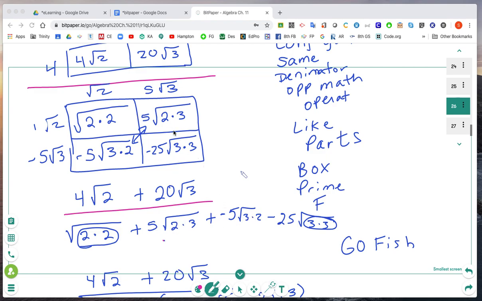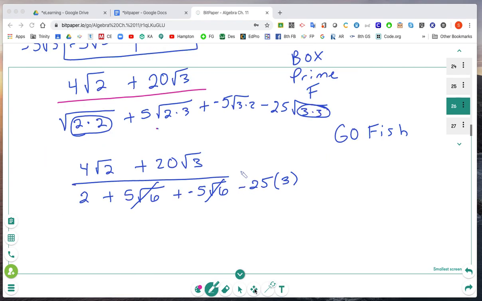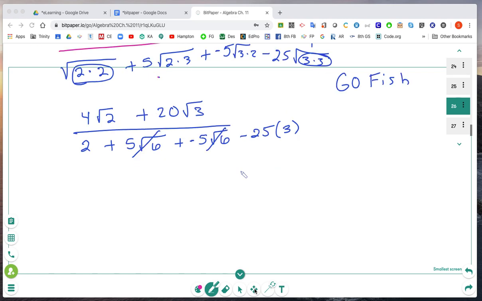But remember that when we're taking everything out of the box, we make sure that we're checking for those prime factors that we can go fish with.